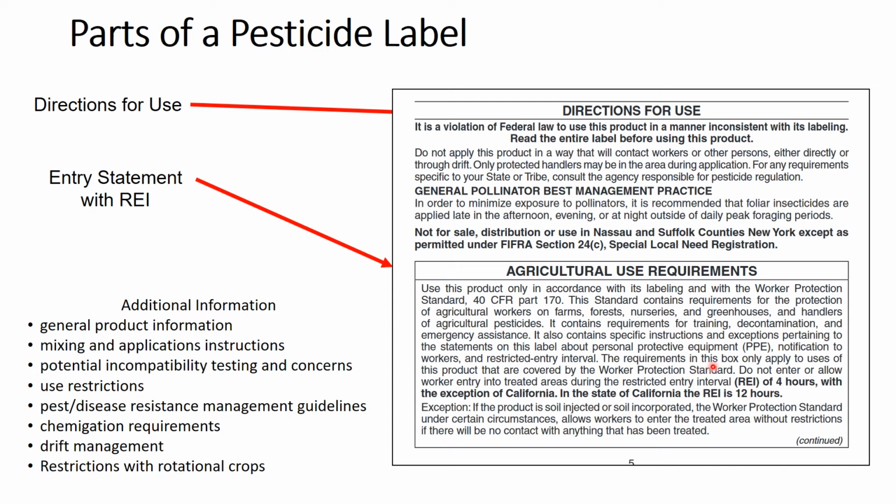And it can give an REI for this product. And then you can see in this one that some states have 4-hour REIs while California has a 12-hour REI. So it can vary from state to state depending on what has been approved through testing and things like that.